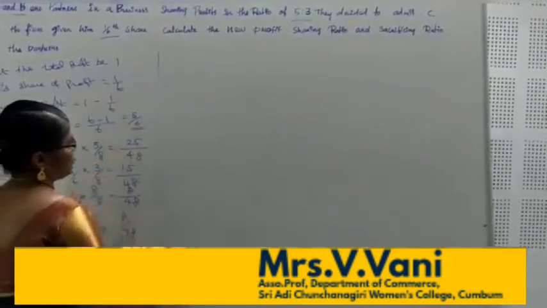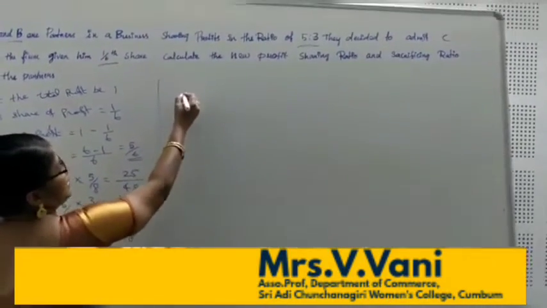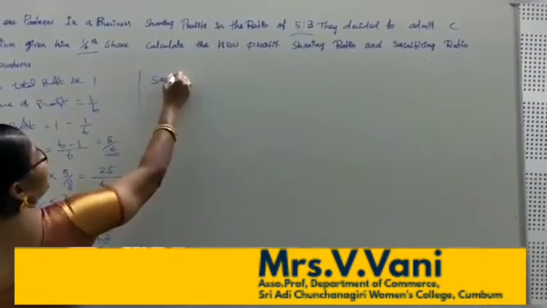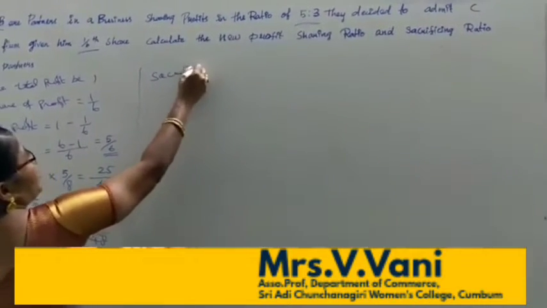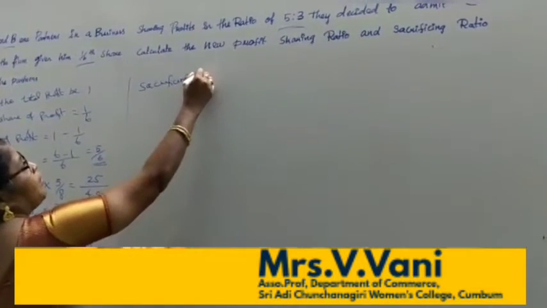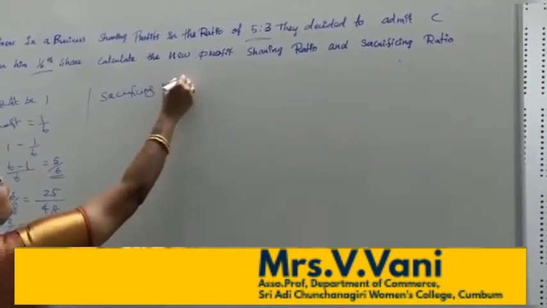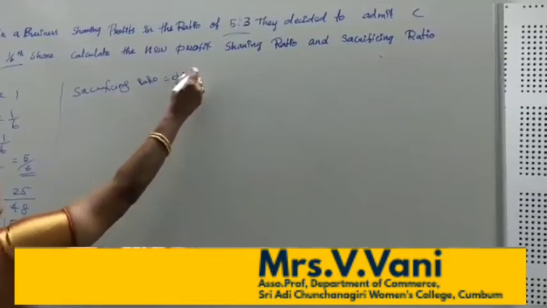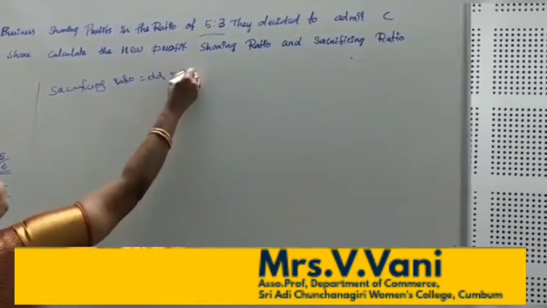So next, come to the calculation of sacrificing ratio. Here we use a simple formula to find the sacrificing ratio: old ratio minus new ratio.